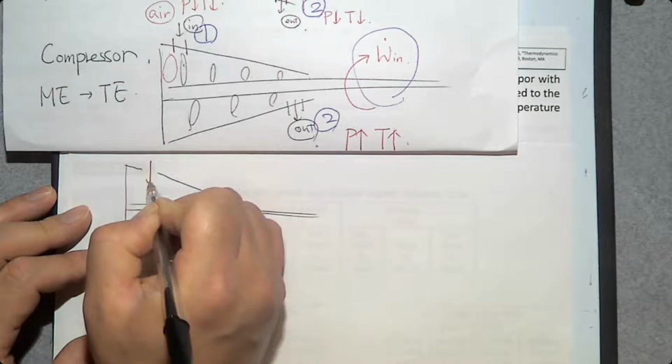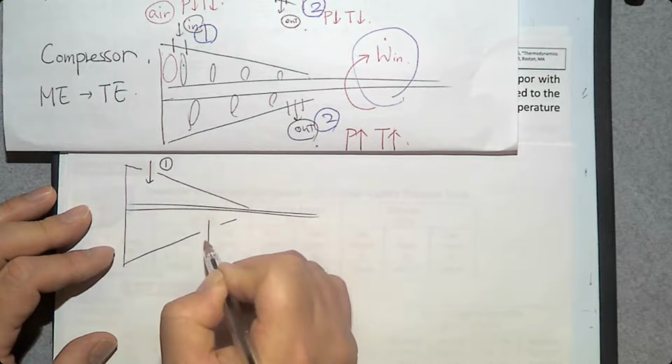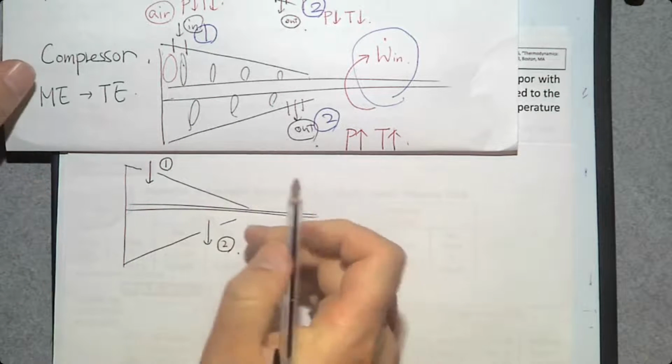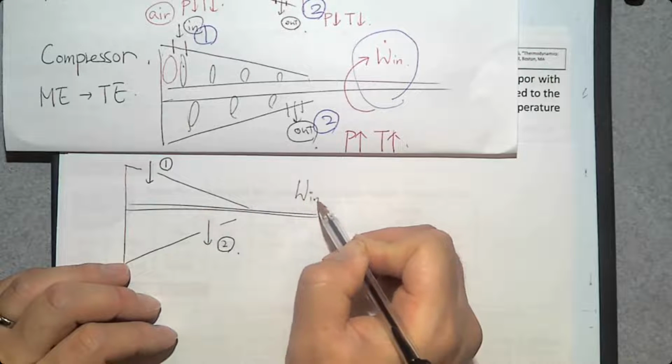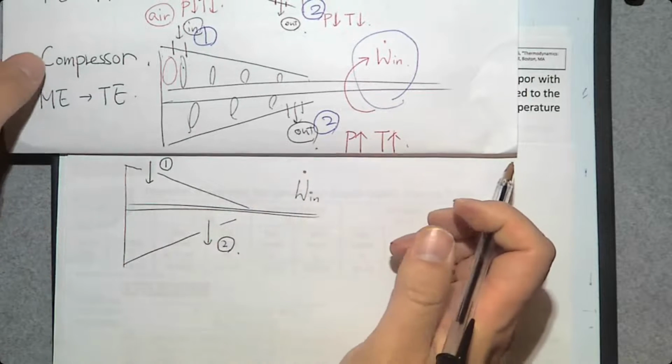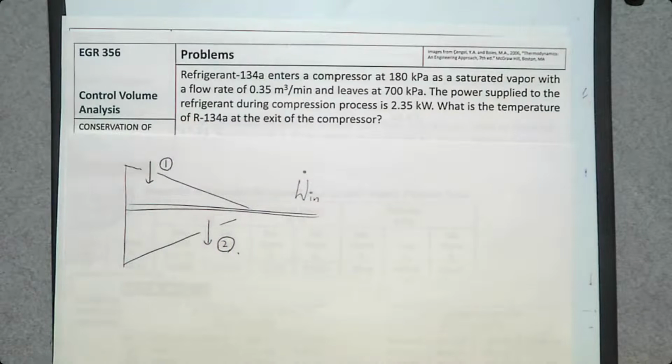It has inlet number 1, exit number 2, and this one consumes power because a compressor converts mechanical energy into thermal energy. So thermal energy is given to the working fluid entering the compressor. So at the exit, this one has high pressure, high temperature.